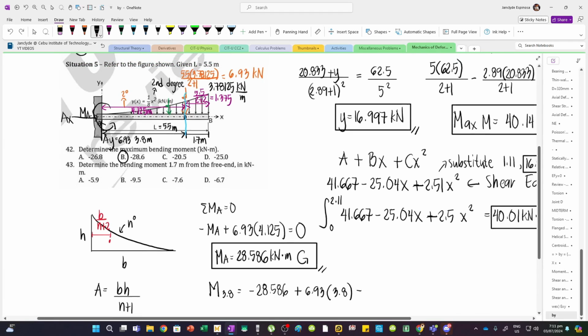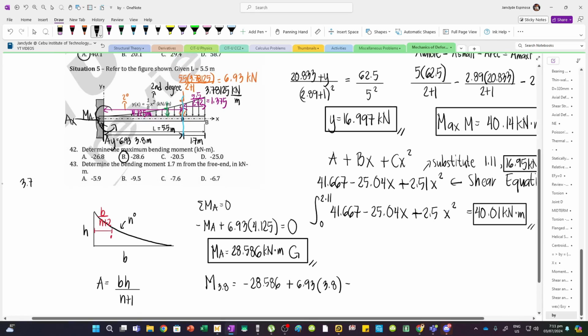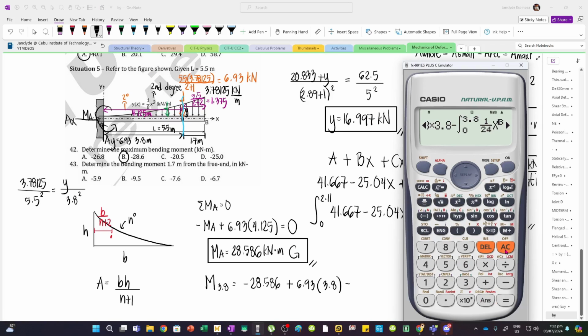For the height, we have 3.78125, the total height of the spandrel, to a base of 5.5. But we're going to square this because this is the degree. And so this is equal to y, this height, over 3.8 squared. So we have y equal to 1.805.